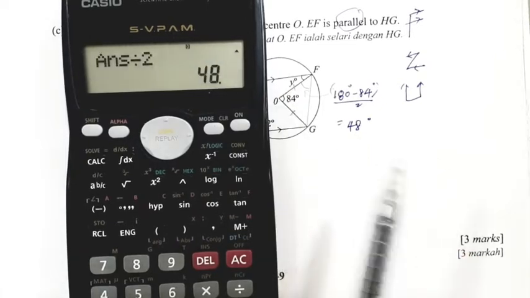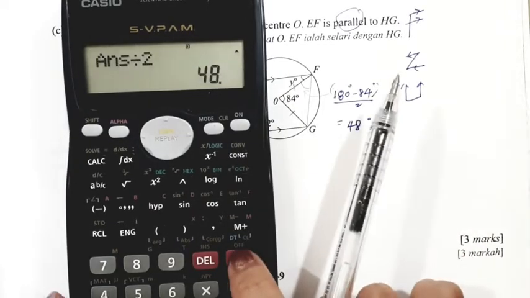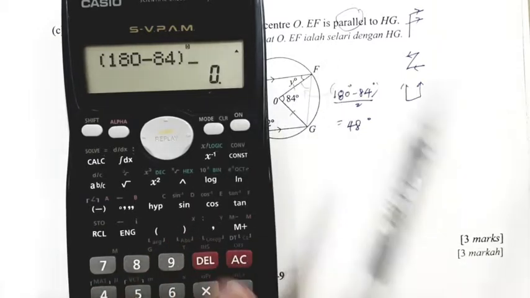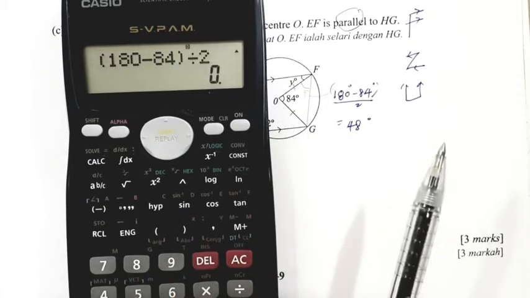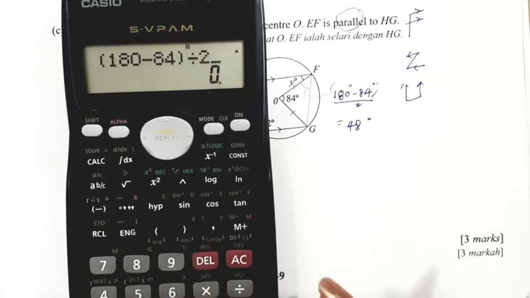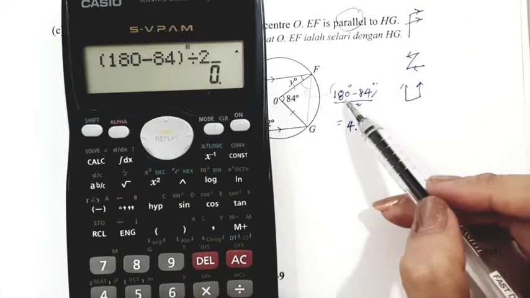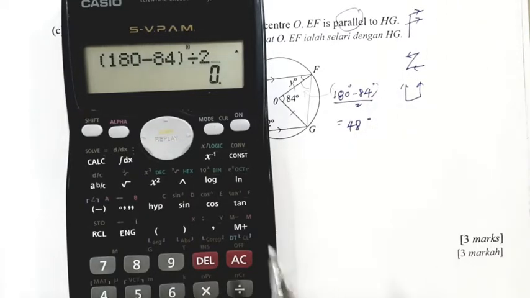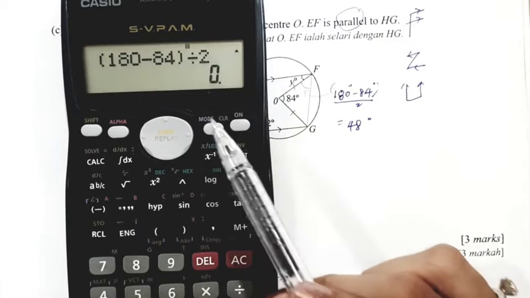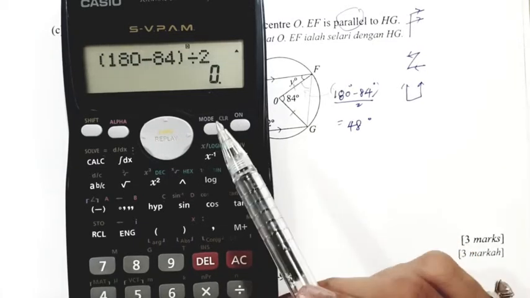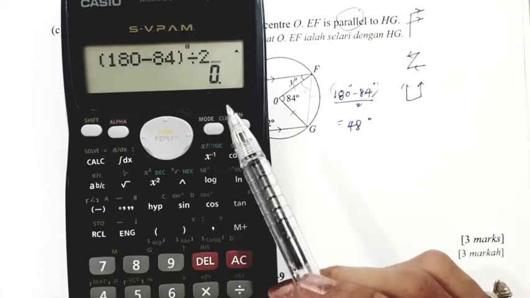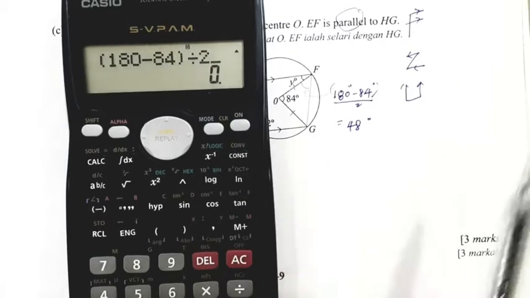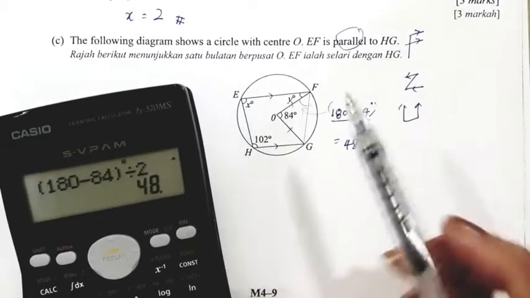If you want to do everything together, you will need to put bracket 180 minus 84 and then divided by 2. We have to give clear instruction to the calculator so that it will carry out the subtraction first before divide. These look very simple, but this is the skill of using the calculator, the correct steps, that I need to remind you.